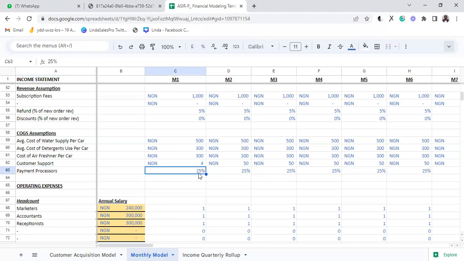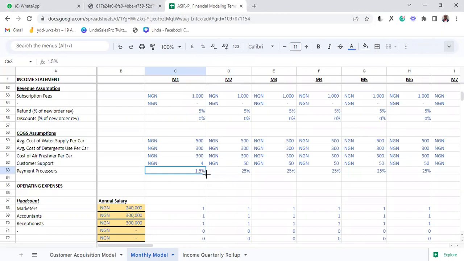So usually they charge an average of 1.5%. Because I need to convert this to 2 decimals, I just converted it to 2 decimals. So it will remain 1.5.